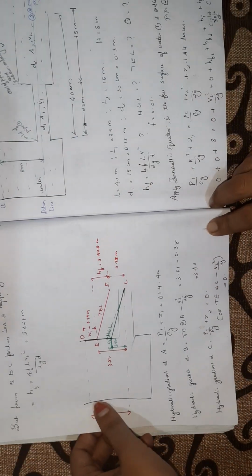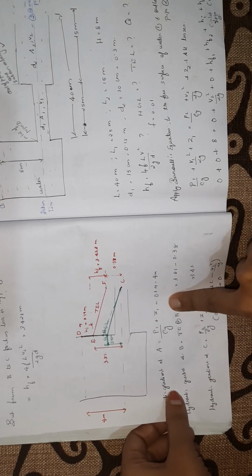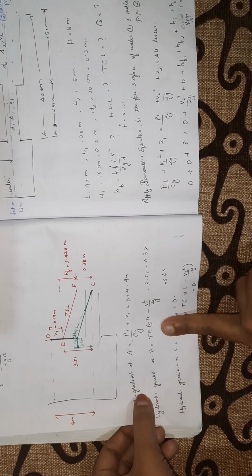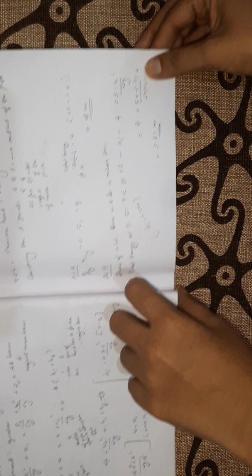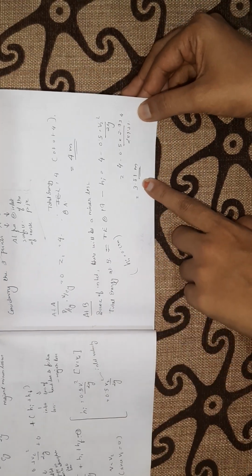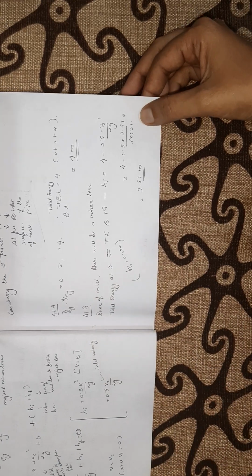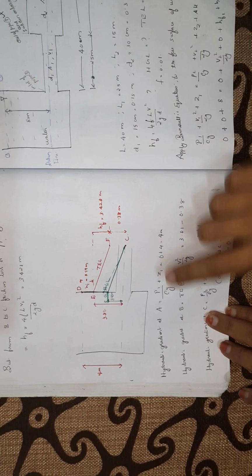Now the hydraulic gradient at B, that is at the inlet. At the inlet we know that the hydraulic gradient is P1 by rho g plus Z1. This we can find out by subtracting the velocity head from the total energy, isn't it? We got the total energy at B as 3.81 considering all the losses. So how to get the hydraulic gradient at that point? Just subtract the velocity head at that point.